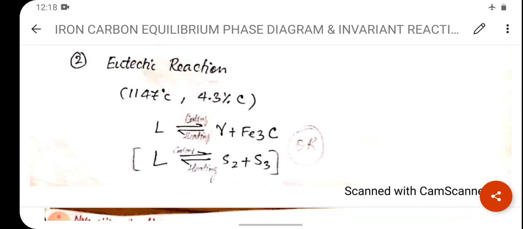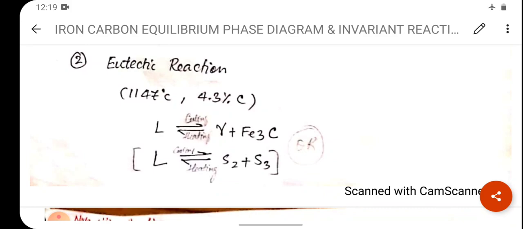What was above it? Liquid. Before that, above the triangle there is a liquid. So liquid after cooling will give gamma plus Fe3C. What are gamma plus Fe3C? Nothing but solid 1 and solid 2. Gamma is austenite, Fe3C is cementite.